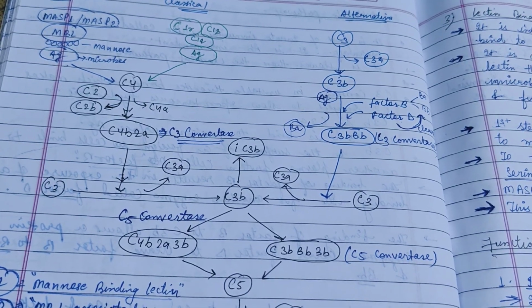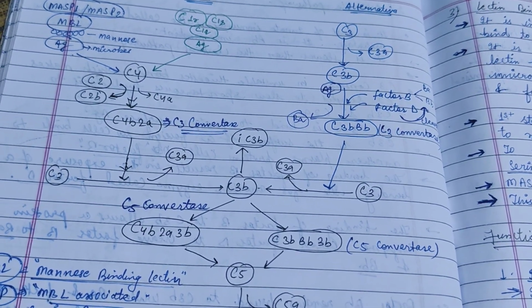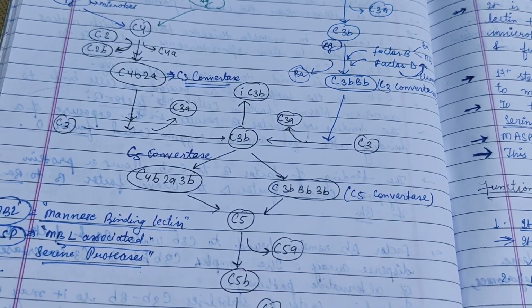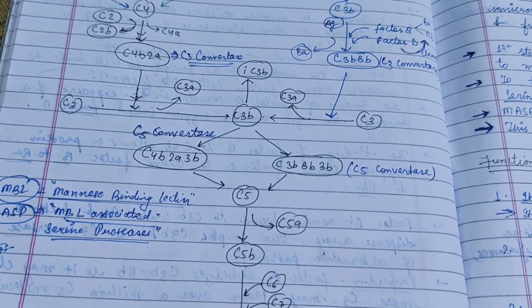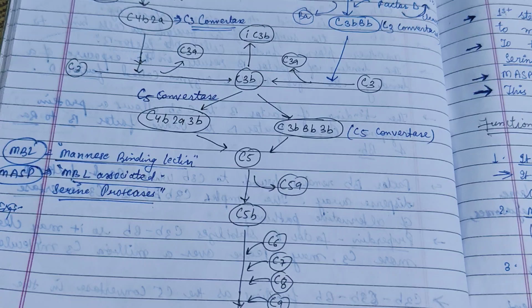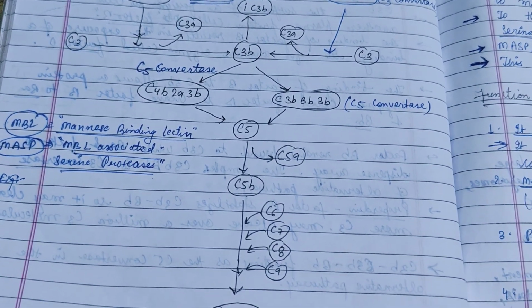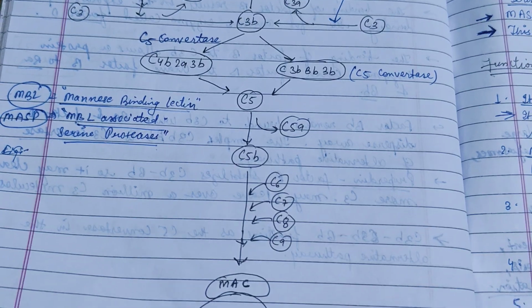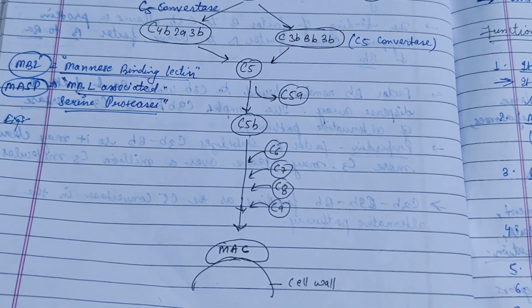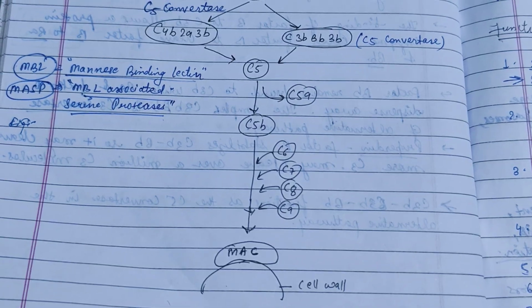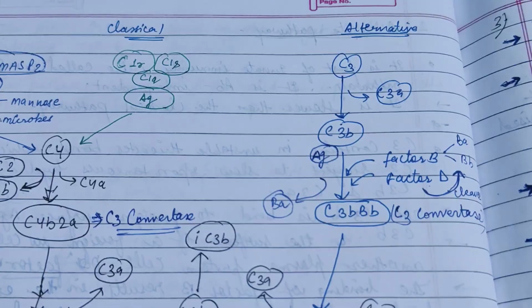Then C4 is split into C4a and C4b, and C4a is removed, and then C4b2a is formed, which is also known as the C3 convertase. Then the reaction proceeds to form the C4b2a3b complex, which acts on C5, and C5a is removed while C5b participates in the reaction, and ultimately forms the MAC complex on the cell wall of the target cell.